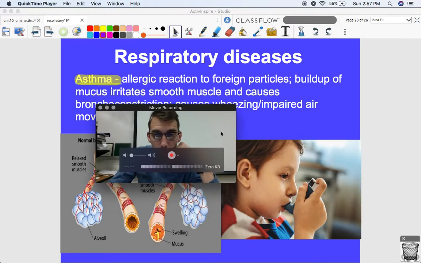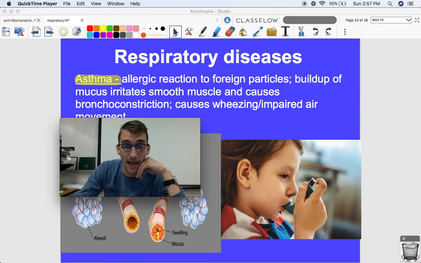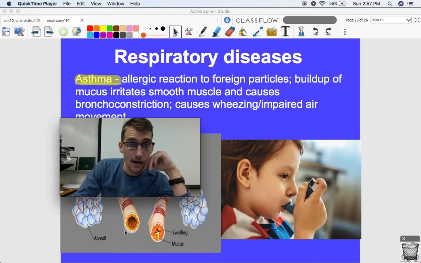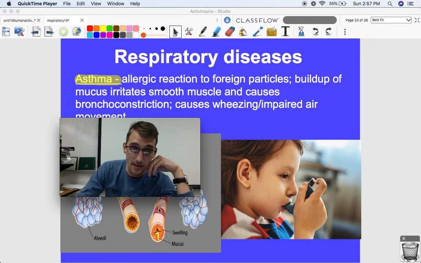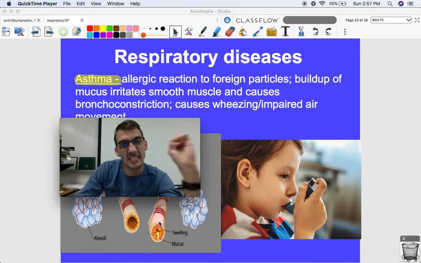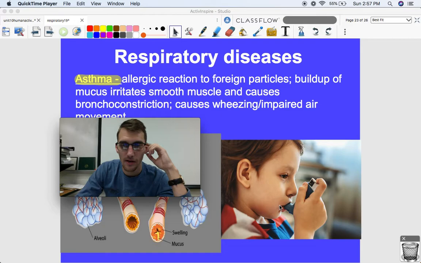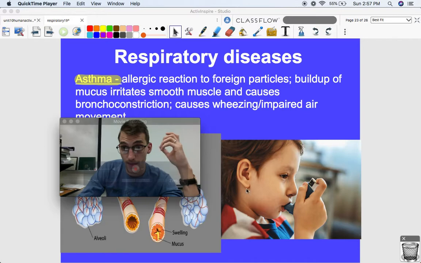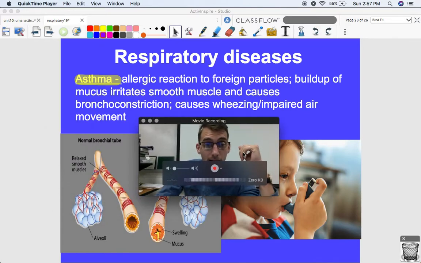So albuterol, what this little guy is taking with his inhaler, is an antihistamine, which means that it's going to counteract what the histamine molecules did in here, sending a signal to other cells to start to react and constrict. Okay, the albuterol, the antihistamine, is going to reduce the swelling and tell that smooth muscle to relax a little bit, so that this little guy can breathe, right?